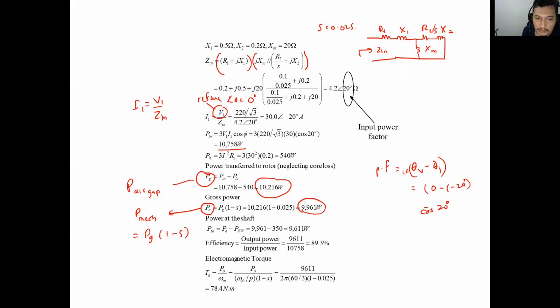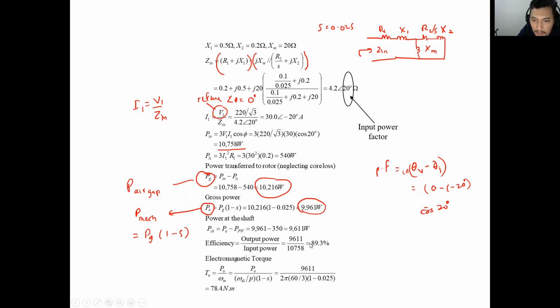So this is the mechanical power. Then at the shaft, meaning the power transferred through the drive shaft, you need to consider the friction losses, which is 350 watt. This has been given. So the final power output at the shaft is around 9.6 kilowatt. And then the efficiency you can calculate using output power over input power.